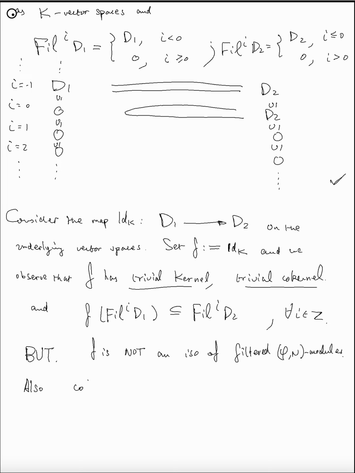So coimage is, by definition, defined to be f of d1.